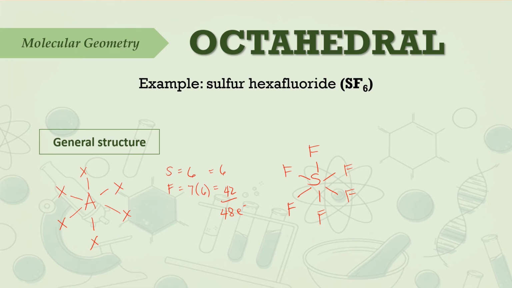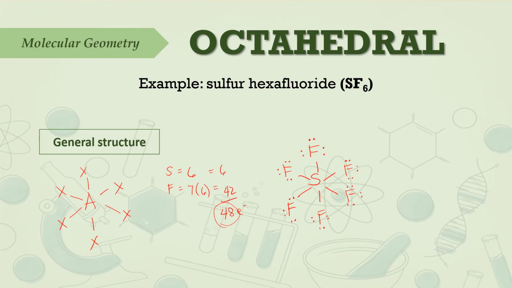Since sulfur belongs to period 3, again, it could hold more than 8 electrons. So we now complete the octet rule for each fluorine. Check now if there are 48 electrons all in all.